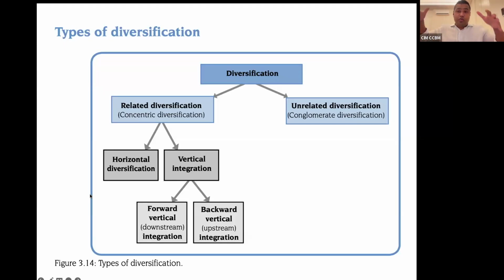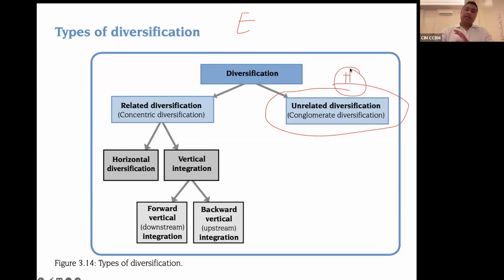So we are going into a new market with a new product, diversification. But that is unrelated diversification. Why? Because our core business is in education. Now we are going into hotels, hospitality. So that is completely unrelated diversification. I hope you got it.